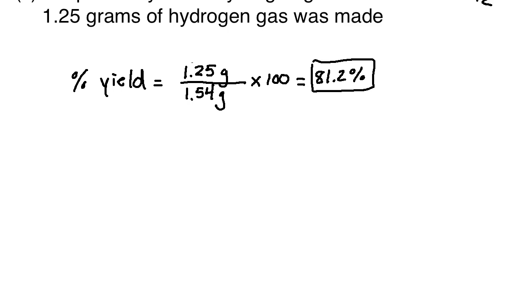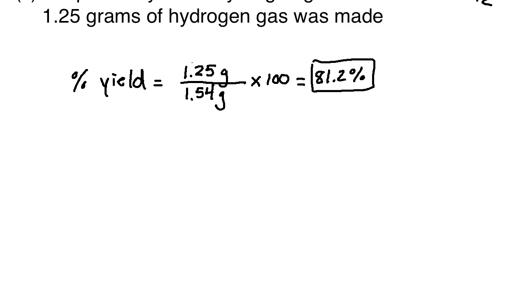So if you think about that, what I'm saying is if I got 1.25 grams of hydrogen gas from my reaction, and the potential was 1.54, then my success rate was about an 81.2% recovery out of what I could have theoretically made. Now I want to stop here for a second to talk about this.